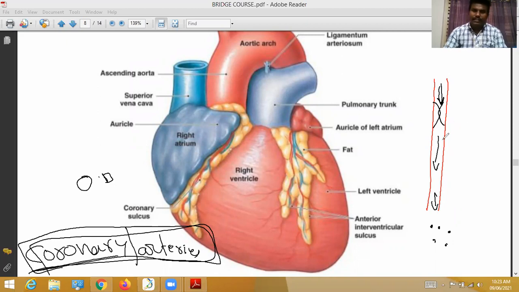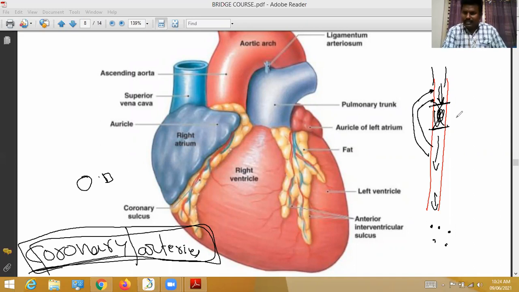At that time, if we take them to the hospital immediately, the doctor will suggest bypass surgery. Bypass surgery means what? See here, this part is blocked with fat. So from the leg, from the thigh or any part of our body, they will collect one artery, one blood vessel, and fix it here with stitches. Then it will be connected to this part.